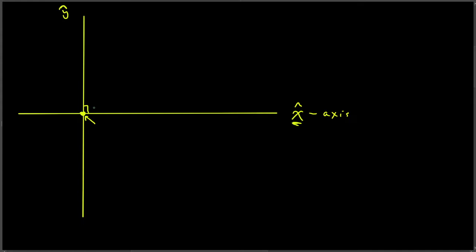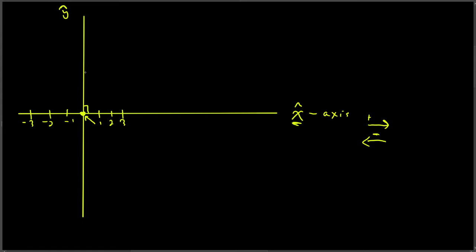And so you go from 0 to 1 to 2 to 3, and then in the negative direction, -1, -2, -3. And so on the x-axis, positive is to the right, negative to the left, like the real number line that we were using in one variable.